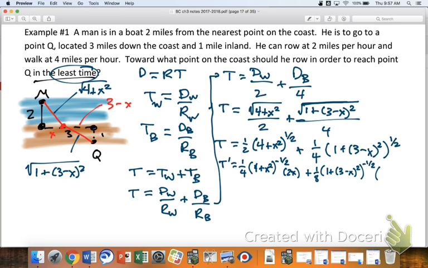And then the derivative of that inside would be 0 and then negative 2 times 3 minus x, if you use the chain rule right. It would just be 2 times 3 minus x at first, but you got to multiply by negative 1 because of the chain rule. Does that make sense?